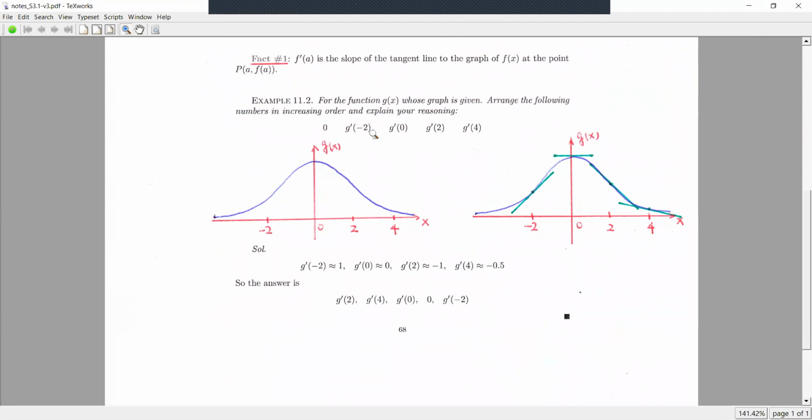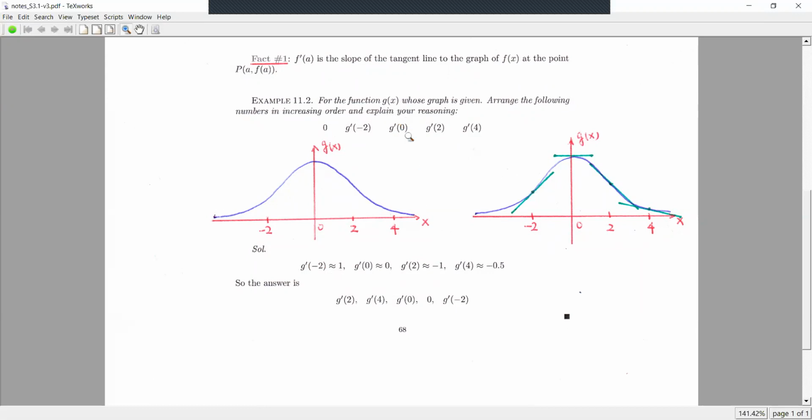According to this fact, the derivative at -2 is the slope of the tangent line at -2. So at -2, I draw a tangent line to the blue curve. Then the slope of this tangent line is the derivative at -2. Now, I guess the slope of this line is 1. So roughly, the derivative at -2 is 1.